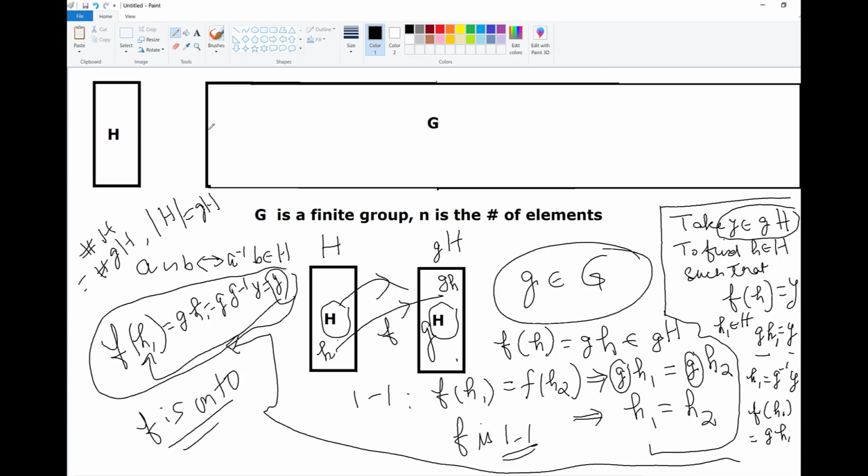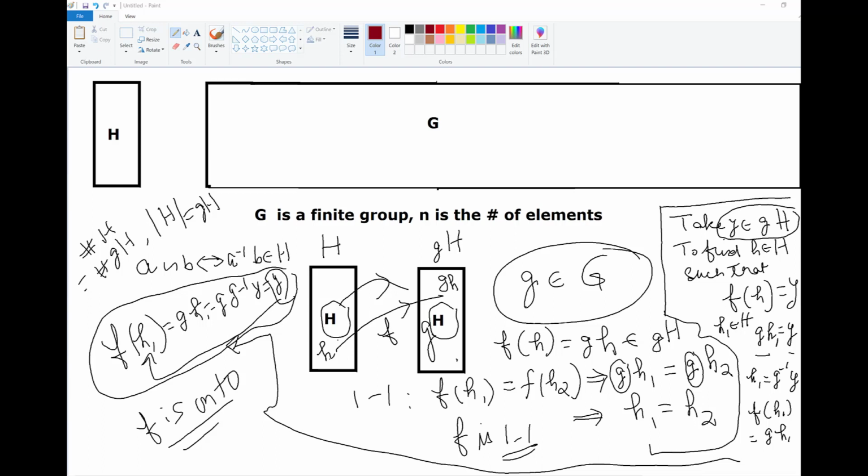I can just split the whole group into copies of this subgroup H, all right? And those disjoint copies will cover the entire group. And since they are all disjoint, the number of elements in the union of all cosets, which will be G, will be the sum of the elements of those cosets that cover G.